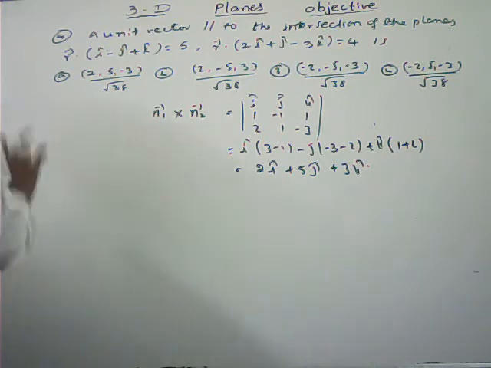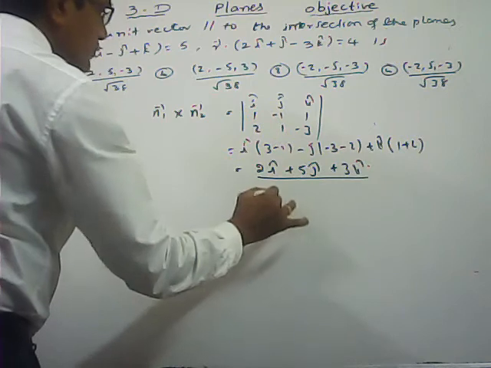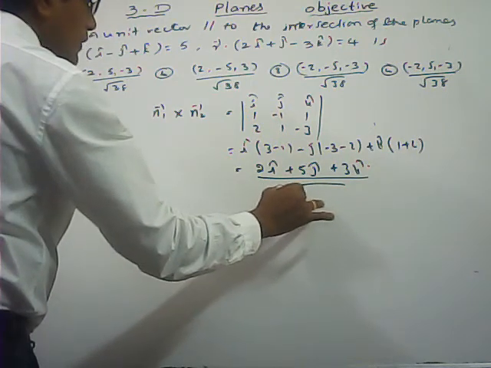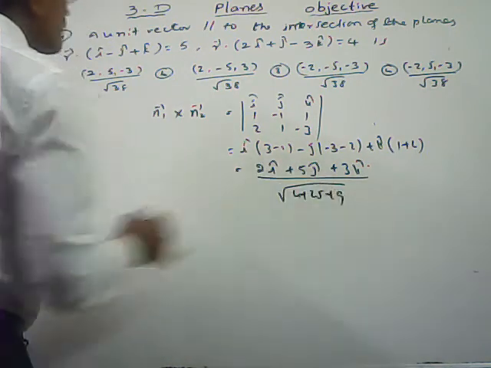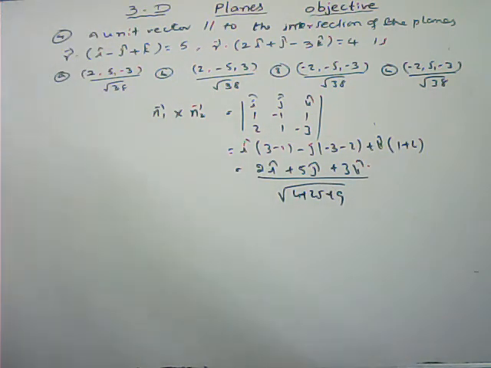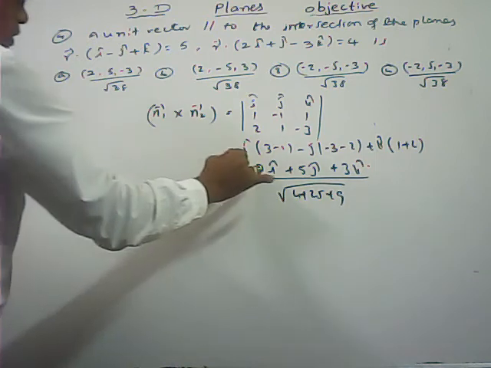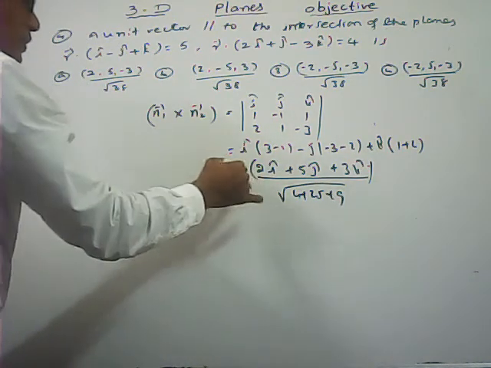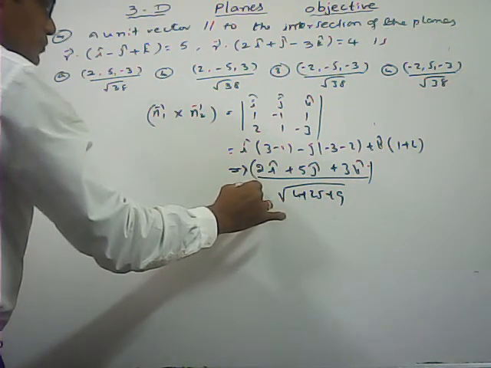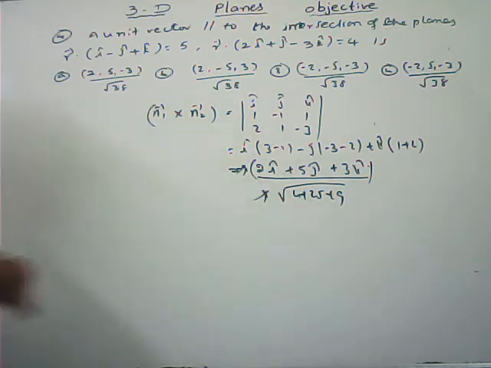Unit vector they are asking, so that should be divided by its modulus only: root of 4 plus 25 plus 9. Here actually we can write the vector perpendicular to both n1 bar and n2 bar as lambda times that one. So it is divided by its modulus, lambda gets cancelled, and we get this one only.